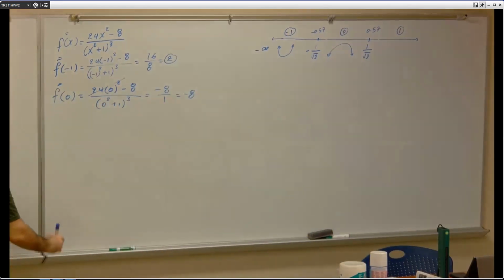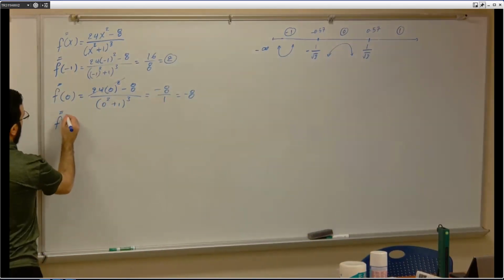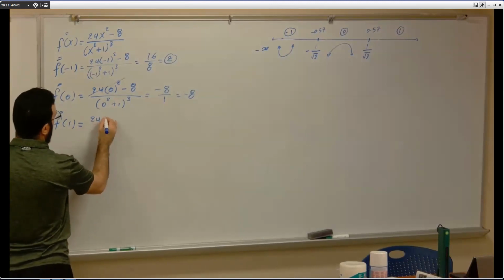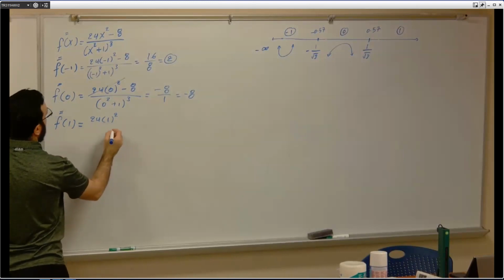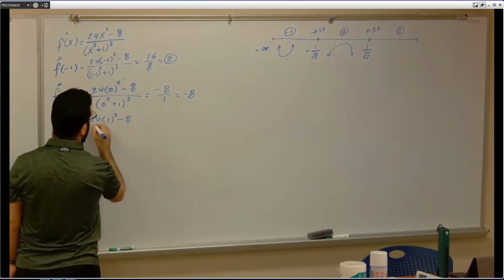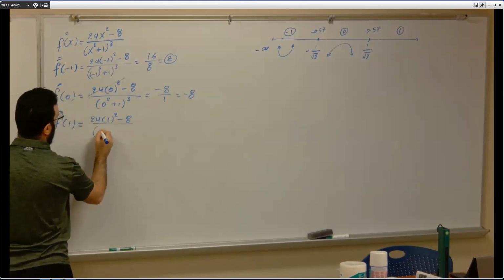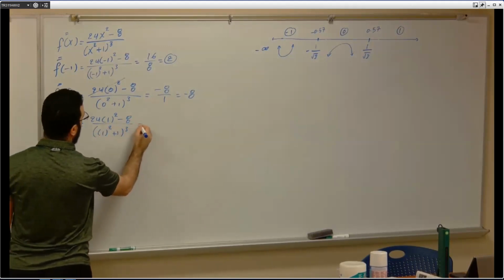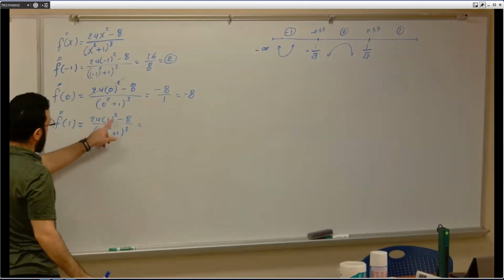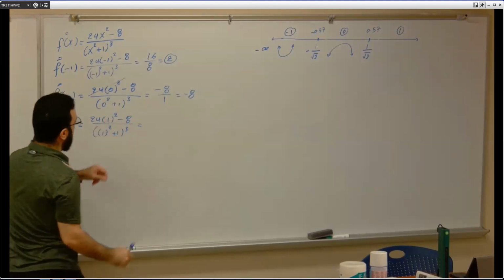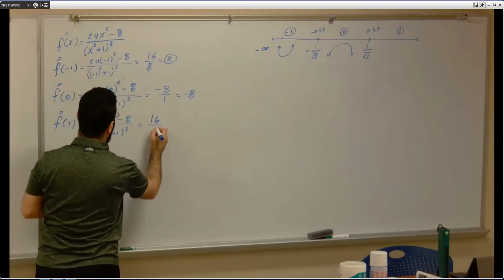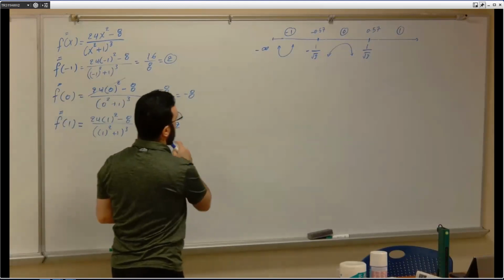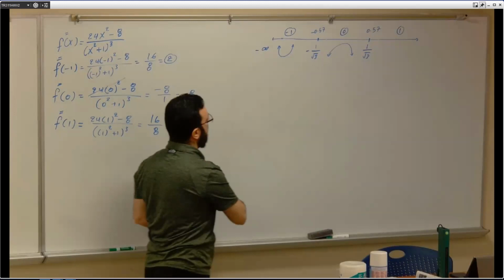Let's check the 1. So f double prime of 1 is going to be 24 times 1 squared minus 8 over 1 squared plus 1 cubed. Same thing, because this is positive, on the top it's going to be 16 over 8, which is the positive number. So this one is coming here, up.